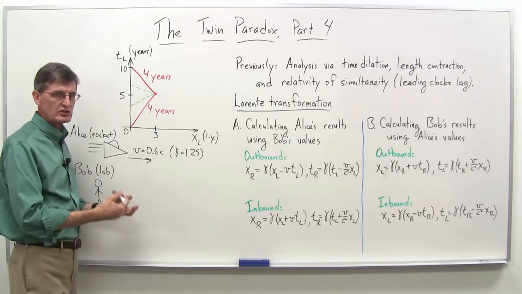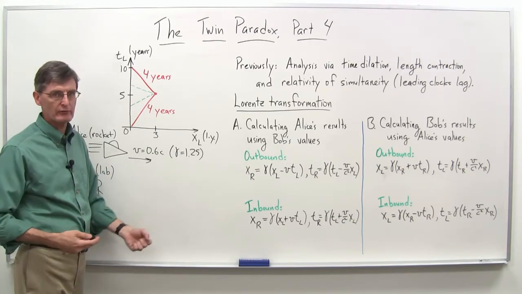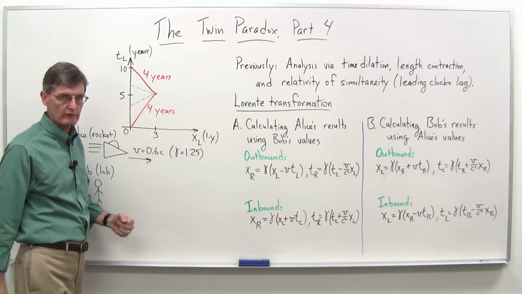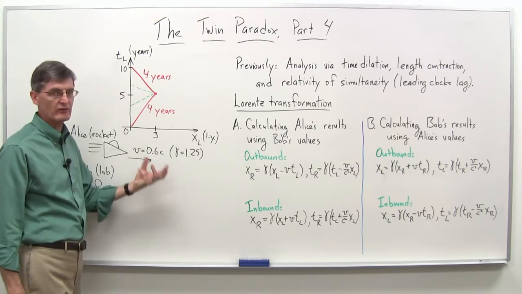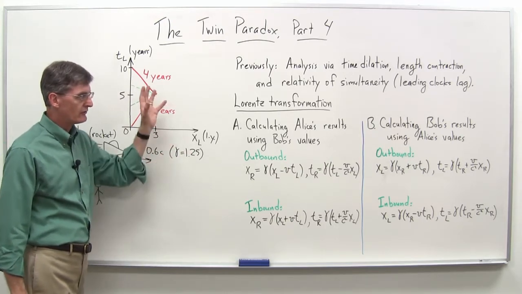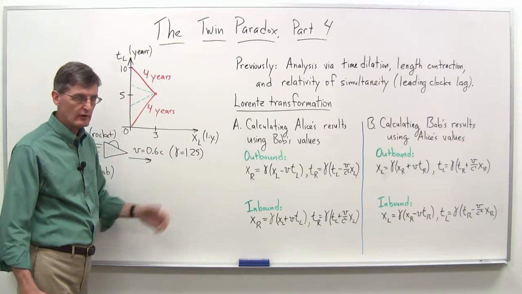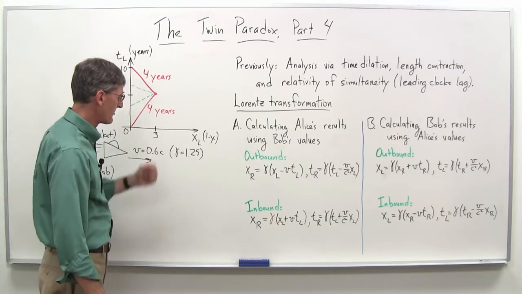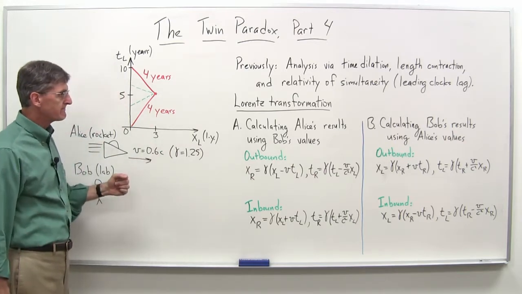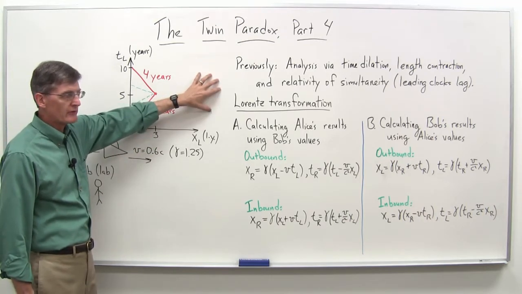It's really the change in reference frame, which is covered by the special theory, that gives us the results here. So yes, acceleration and deceleration are involved, but we can get the correct results using the special theory. So all that being said, what about the Lorentz transformation here?